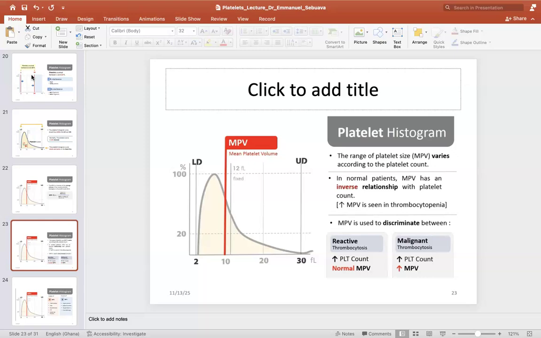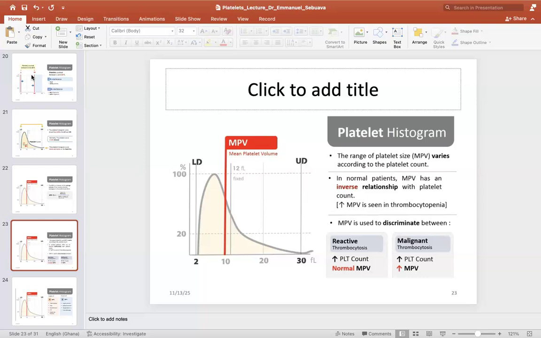So in the case of RBCs, where you have sometimes some conditions that increase the red cell count, there are times you still have your MCV being normal, because the size, we are talking about the size here, is normal.